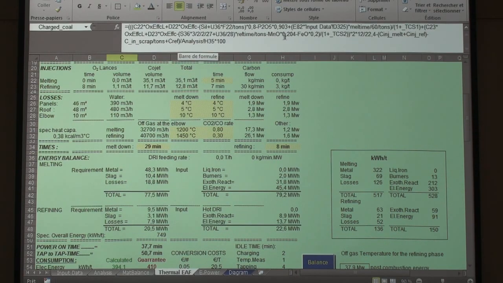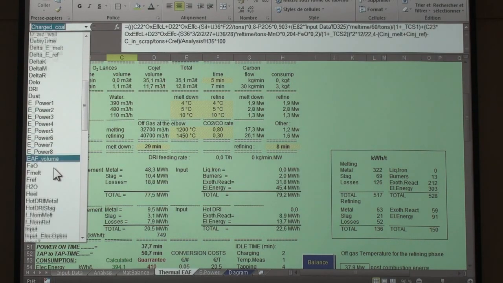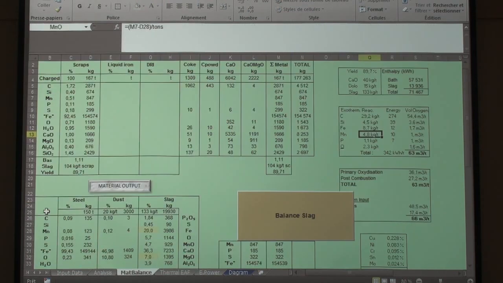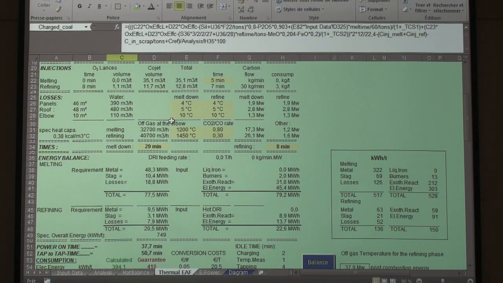Then you have the mangan, oxidized manganese, as you remember now, perfectly coming from this table. Okay? FeO as well. Yes. Yeah? And then you take into consideration the combustion rate of the refining phase.